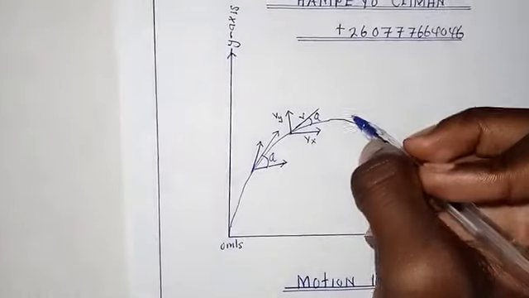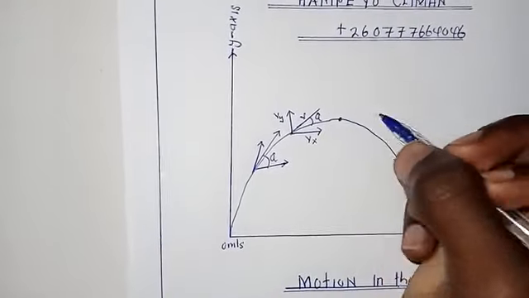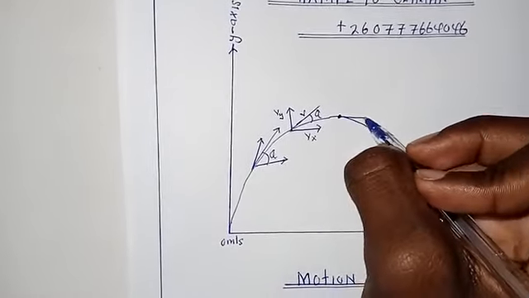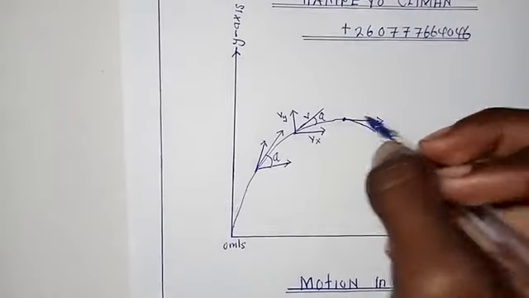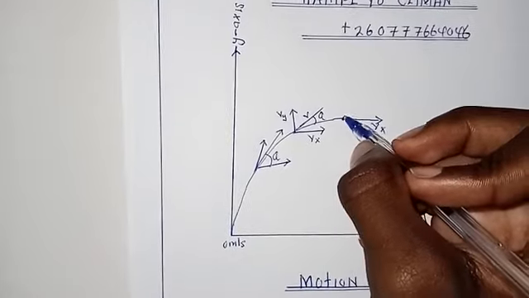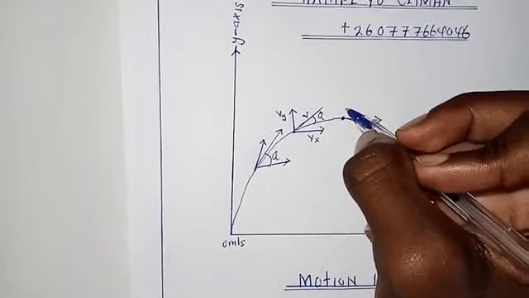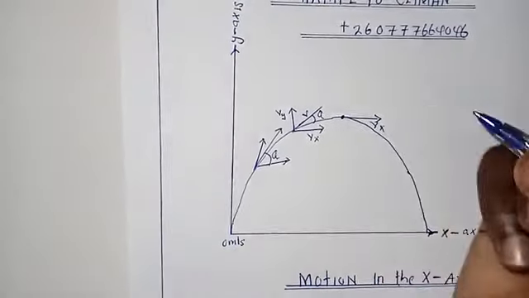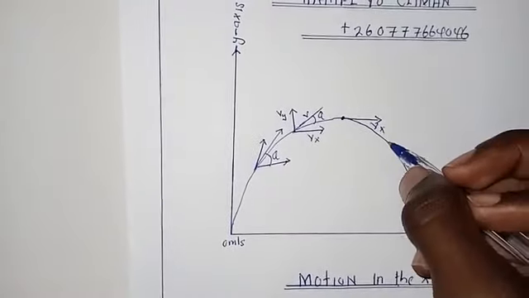But then when you reach this point, you only have one component, and that component is simply the vx. Therefore, at this point you don't have any vy component.